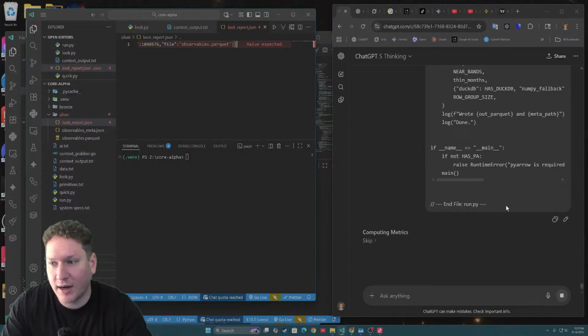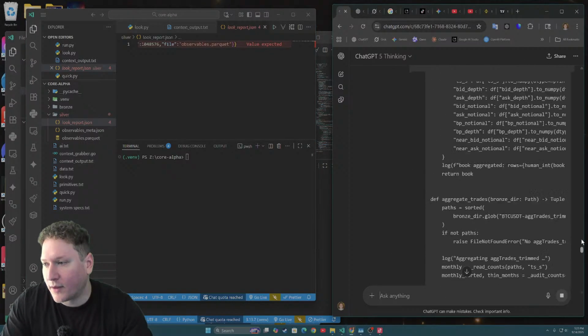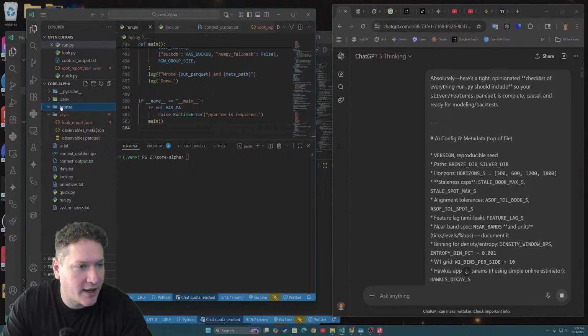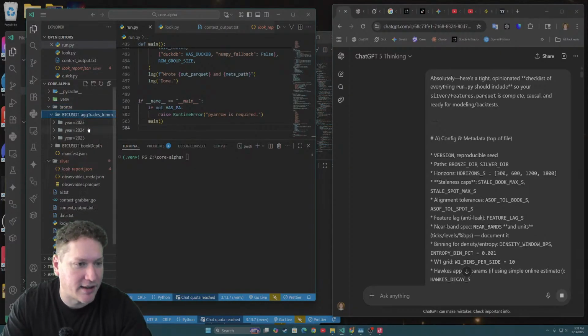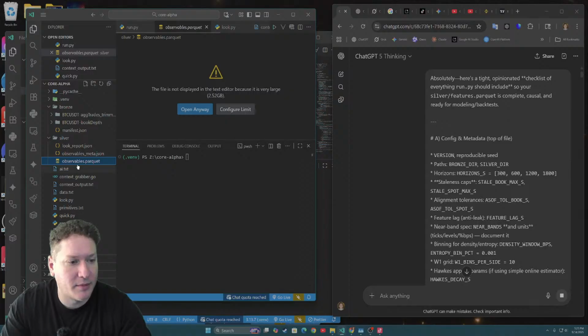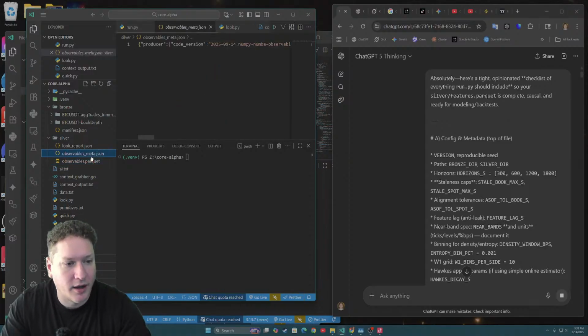So what we're doing right now is we're adding a bunch of new stuff to the run file. Run takes my bronze level data, which is aggregated trades and book depth, and it computes some features and brings it to the silver folder. That's going to be my observables parquet file.